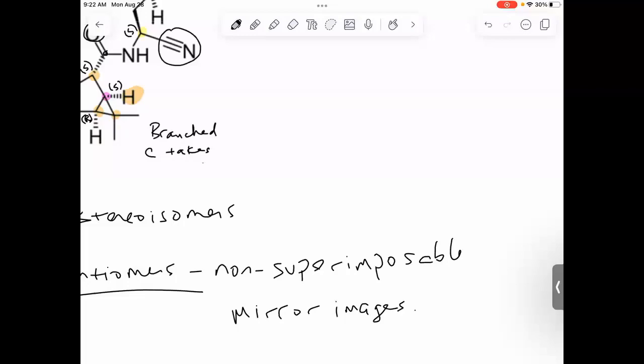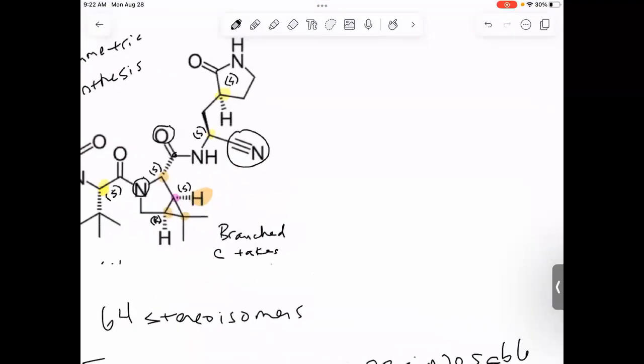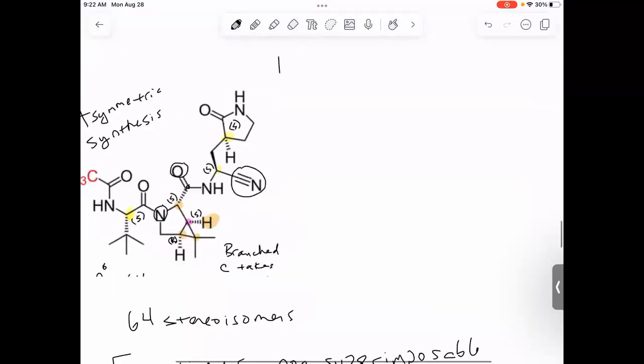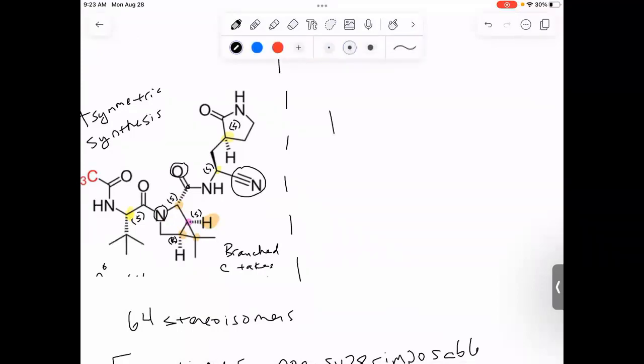Right? So let me show you what that means. So if I took Paxlovid and I stood it in front of a mirror, right? And you don't have to write this down, but I'm gonna redraw it. I need to make that pen a little bit bigger though.